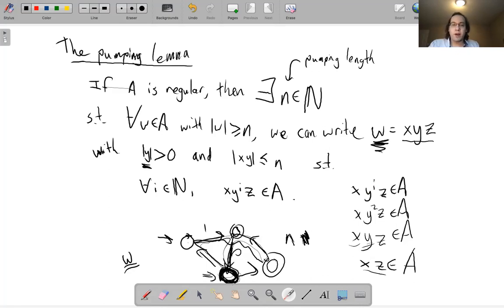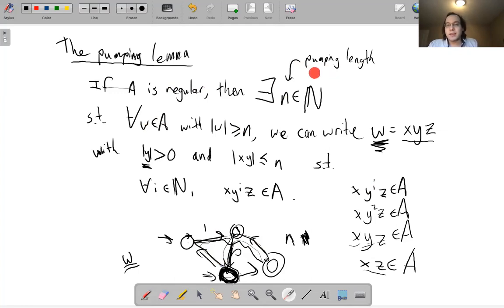This is true for any regular language. For any regular language, this property holds for all W in the language that are at least this long, where n is the pumping length. So for any regular language, there exists some pumping length, and it's at most the number of states in the DFA for the language. It could be less.